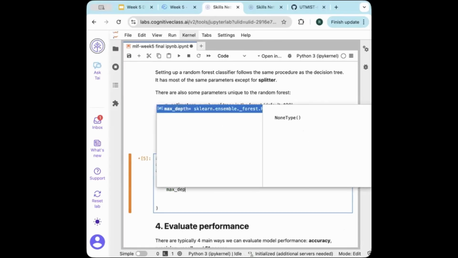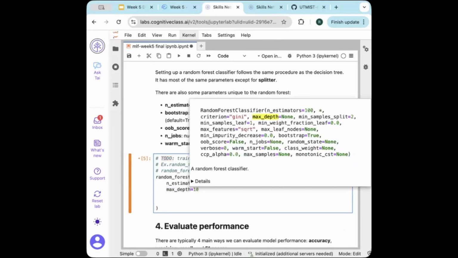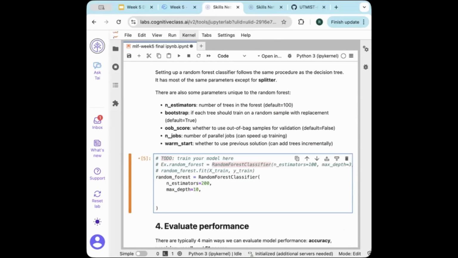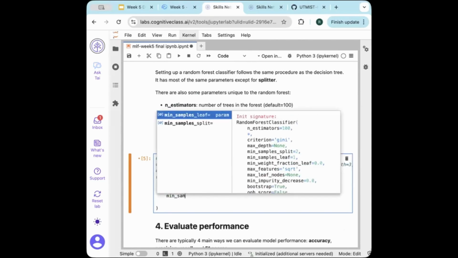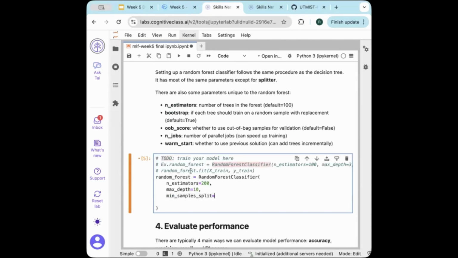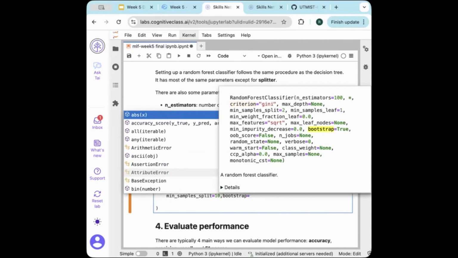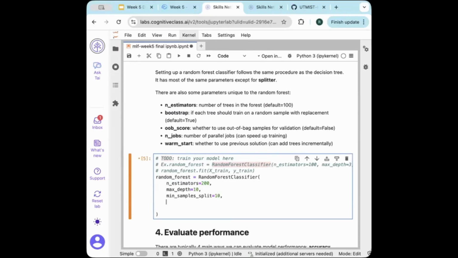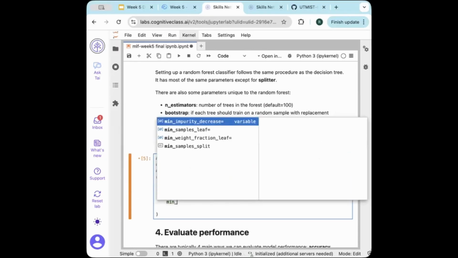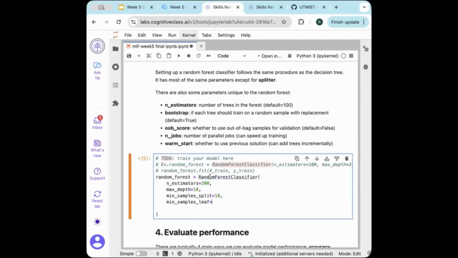Max depth is going to be the same as above, just 10, so there are only 10 levels at a time. Min samples split is actually going to be 10. Min samples leaf is going to be 4. This is to avoid tiny leaves.